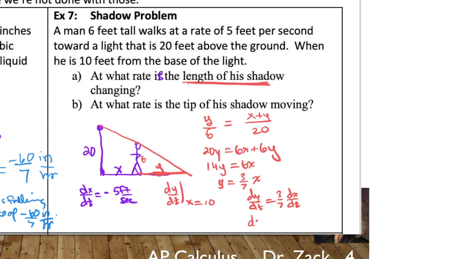We have that dy/dt is equal to negative 15 over 7, and that will be feet per second. So for question A, the sentence we should write is the length of the shadow changes at a rate of negative 15 over 7 feet per second.